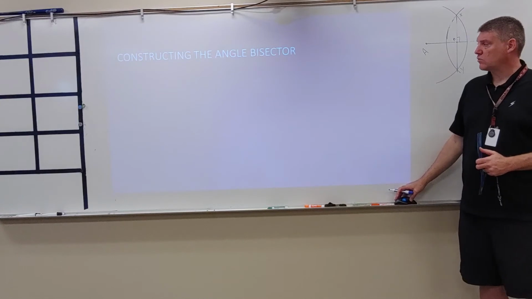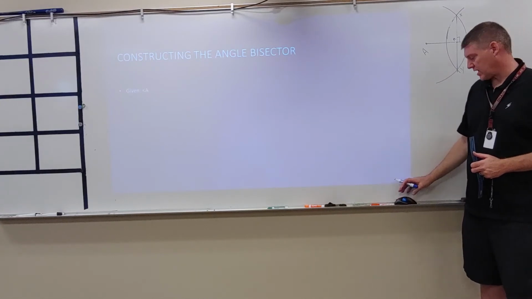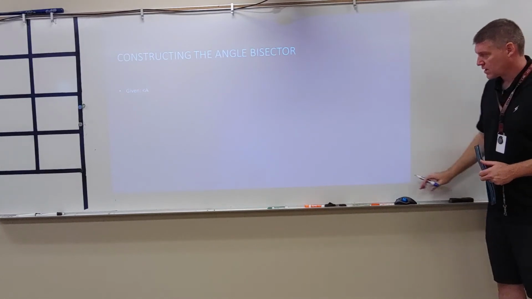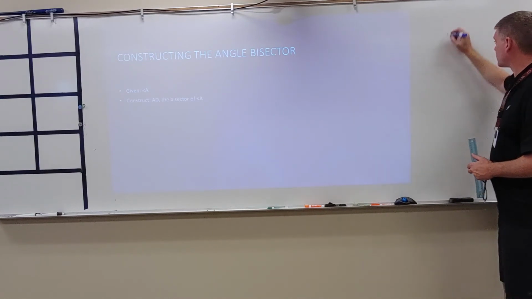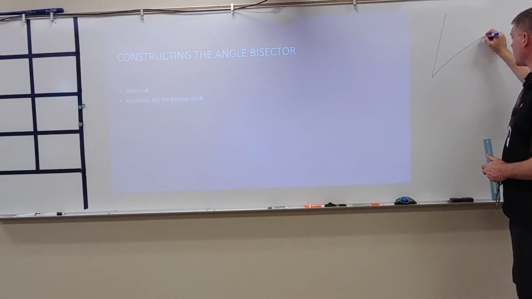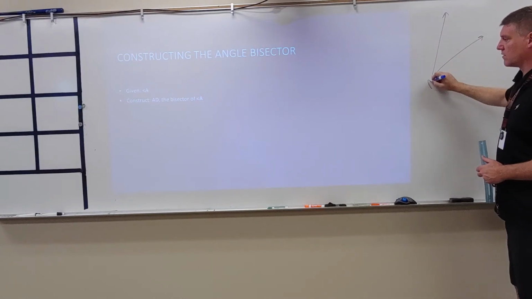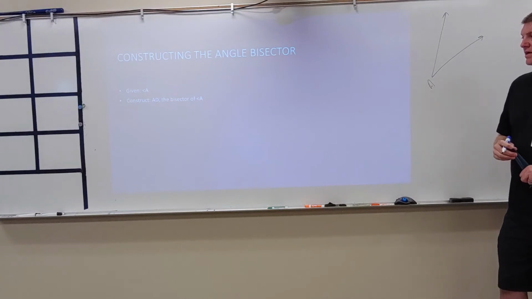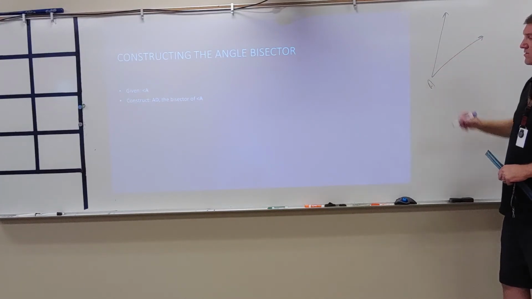Okay. We also want to be able to construct the angle bisector. So we're given an angle A. I'm going to create my angle here. Here's my angle A. We want to construct AD such that it is the bisector of this angle.